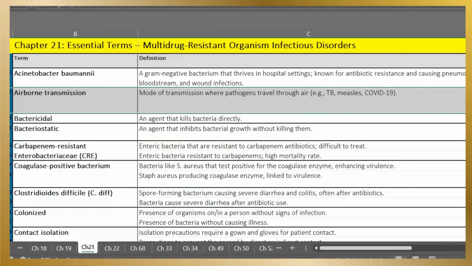Think air floats far, wear an N95 mask for airborne precautions. And this is definitely for finals, it's for NCLEX.